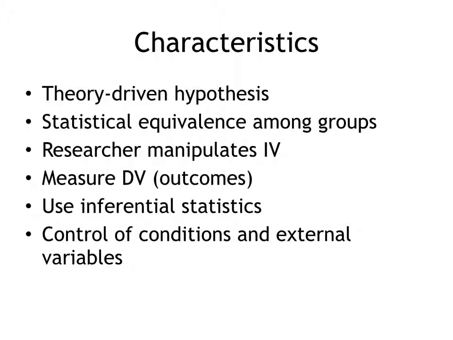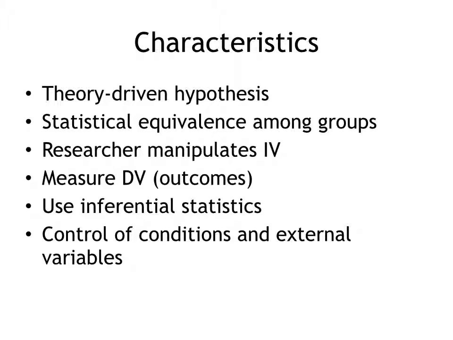You have to start out with statistical equivalence among the groups. In other words, if I take 3 groups of children and they are very different in age, or very different in their reading ability, or very different in an aspect of their health, the groups aren't equivalent.